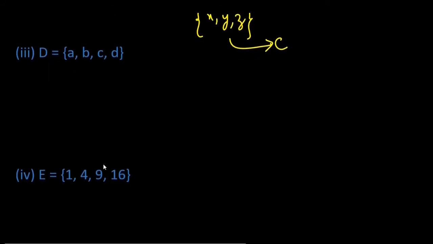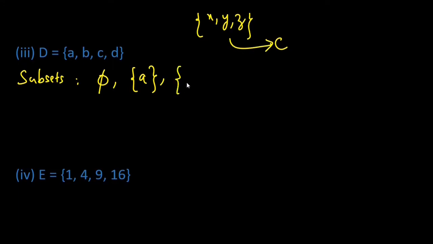Now third one, D is equal to {A, B, C, D}. Here we have 4 elements. The subsets are the empty set. Then take each one element only. So A, then B, set having C, set having D. Then take two elements at a time.